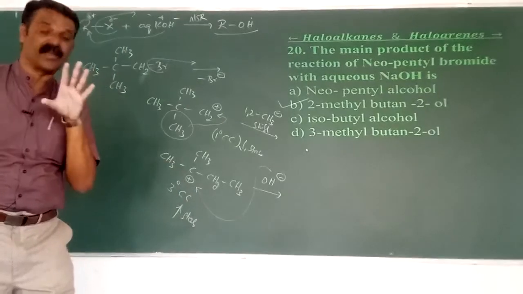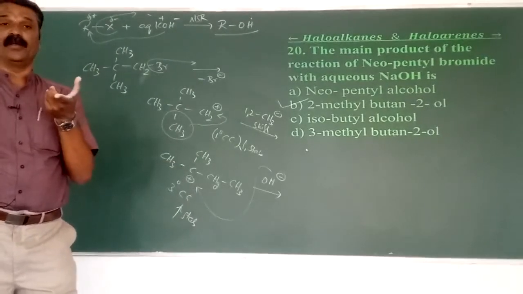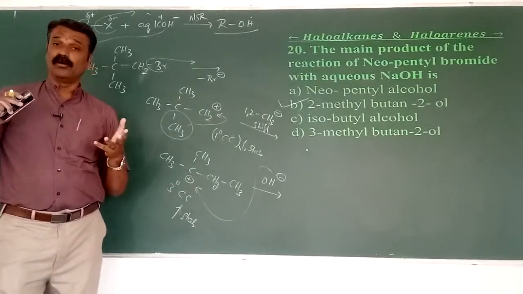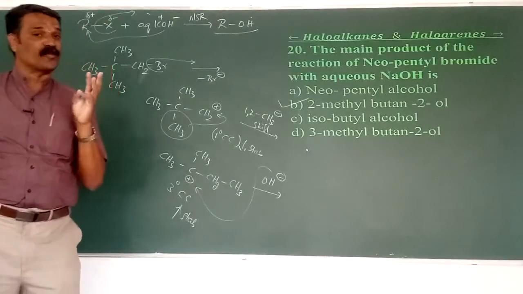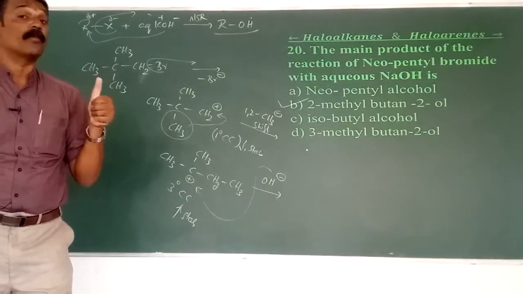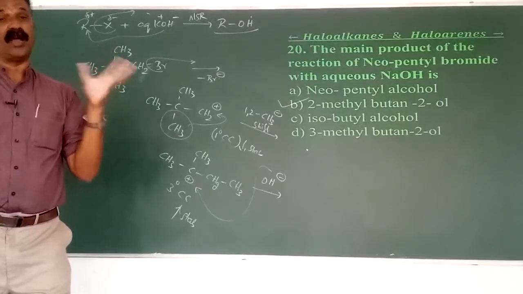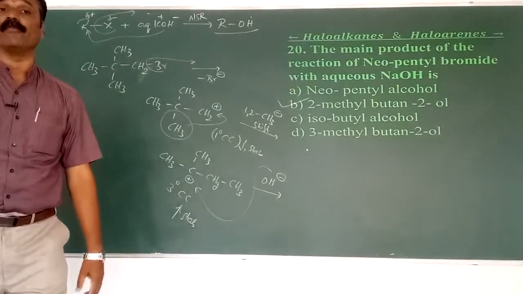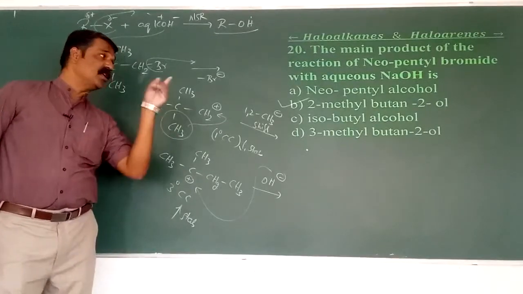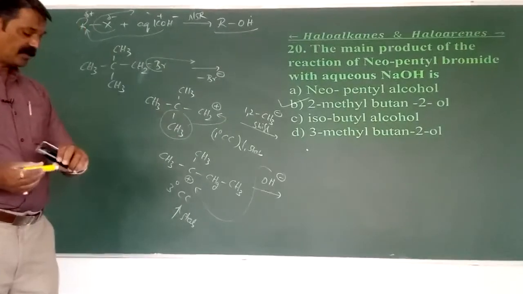If it is primary or secondary, there is a chance of converting from primary to secondary or secondary to tertiary, either by the H minus shift or the CH3 minus shift, where the stability of the carbocation gets enhanced. After that, there is a direct attachment of the nucleophile. So here, it is not neopentyl alcohol directly, it is 2-methyl-2-butanol. Okay, that is about the 20B.